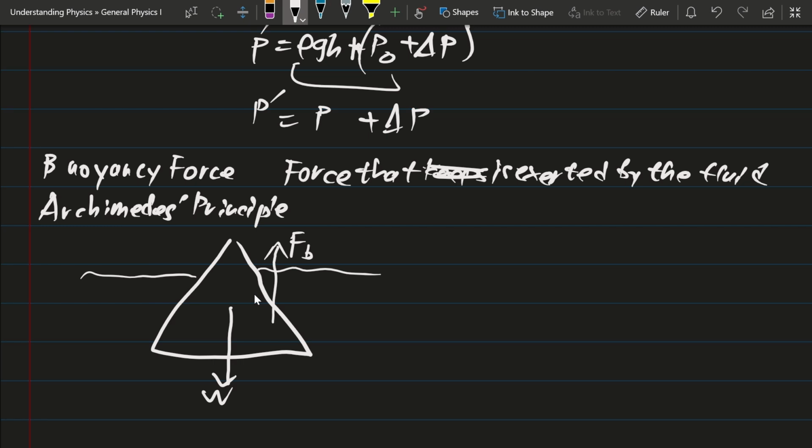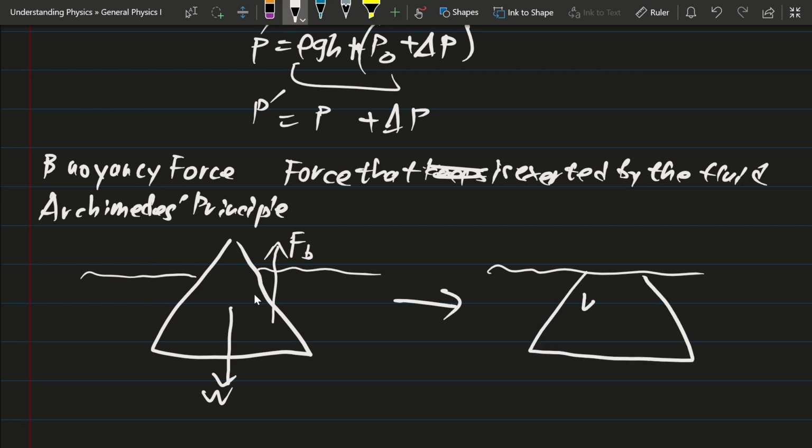It shouldn't move after all. Now if you change this by taking this ice out and instead filling it with water, so this is all water, you could see that the interaction between the fluid and the object is still the same. So therefore, your buoyancy force is the same.